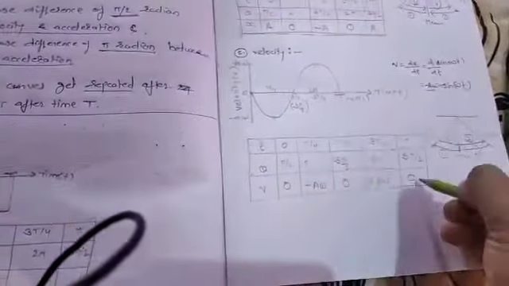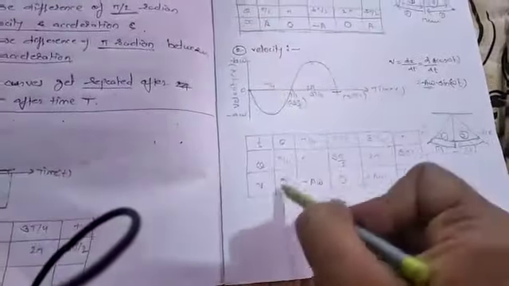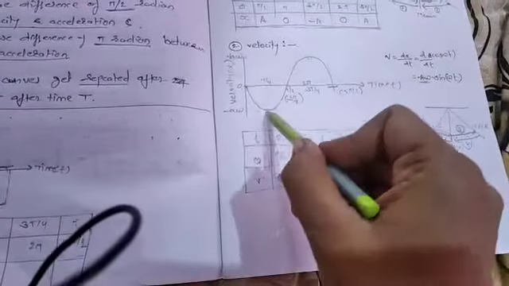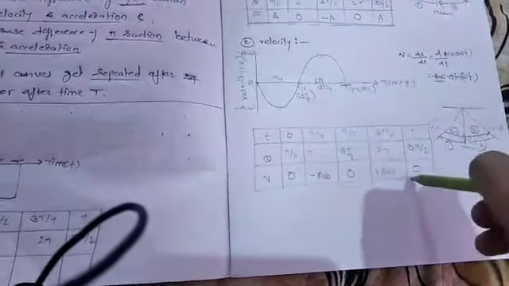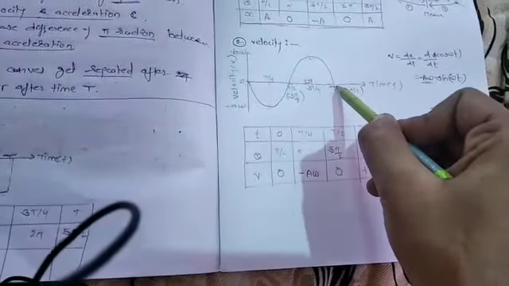So the values are 0, minus a omega, 0, plus a omega, and again 0, that is the mean position. So this is the velocity time graph.